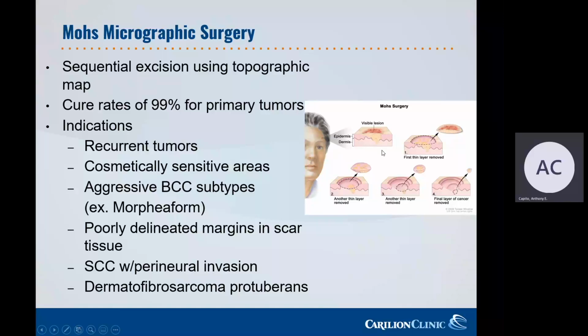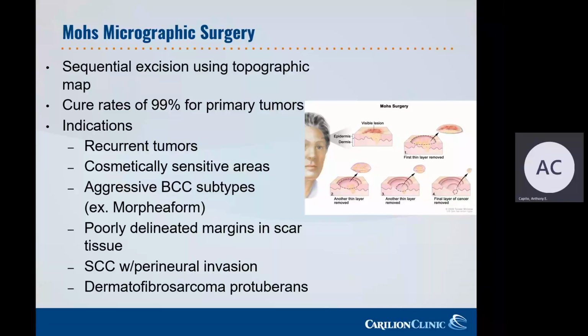They do this in their office. So if there's any area that comes to the margin, they're able to identify it, they have the specimen marked, and they go back and remove just that area. And then they redo the entire process, look at the entire wound margin, and if it's positive, they'll keep on cutting away until they are cancer free. So they claim a cure rate of 99% for primary tumors.